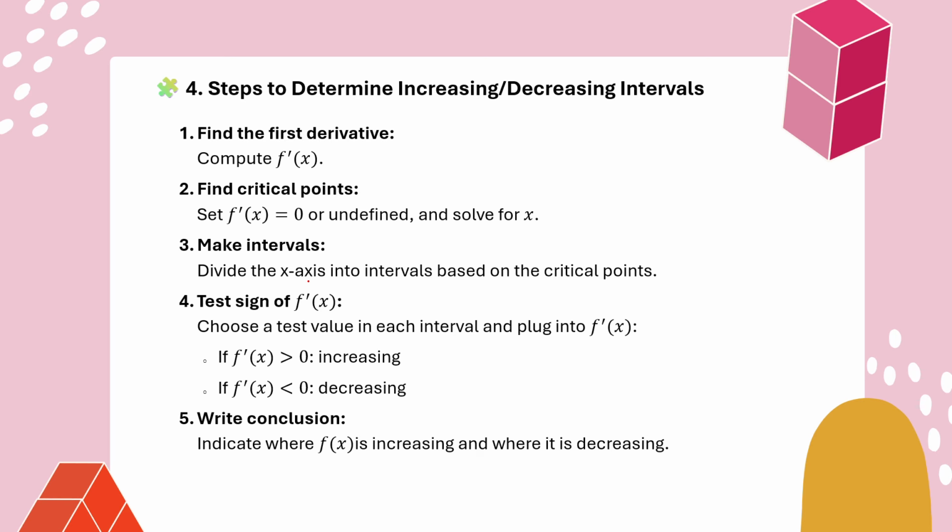The fourth step is to test the sign of the first derivative. We have to choose a test value in each interval and plug it into the first derivative of the function. When the first derivative is greater than 0, that is increasing, and when it is less than 0, that is decreasing.